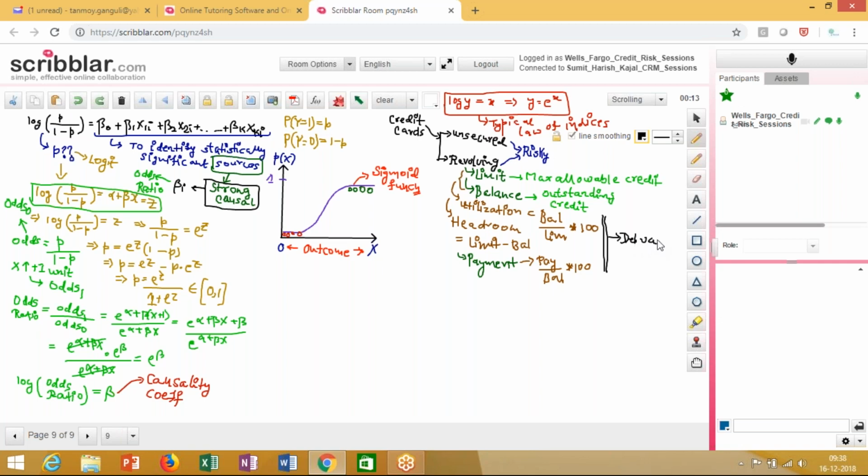Now, we'll come back to delinquency variables a little later, because we need to take that variable up in a detailed manner, right?